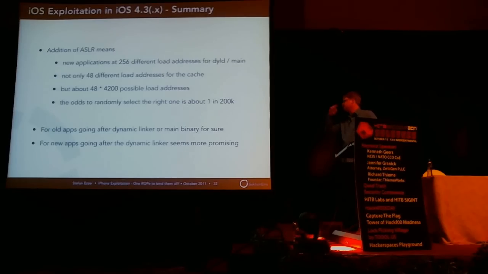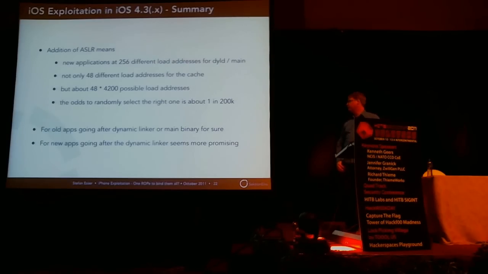Oh yeah, no. Okay, the number 48 is, of course, all the old firmwares that don't have ASLR, so there are only 48 different firmwares that have the capability to have ASLR. So for this firmware, you don't have 48 different load addresses for a library, but because of ASLR, you have 48 times 4,200 different load addresses. So this means the odds to hit the right gadget are like 1 in 200,000.